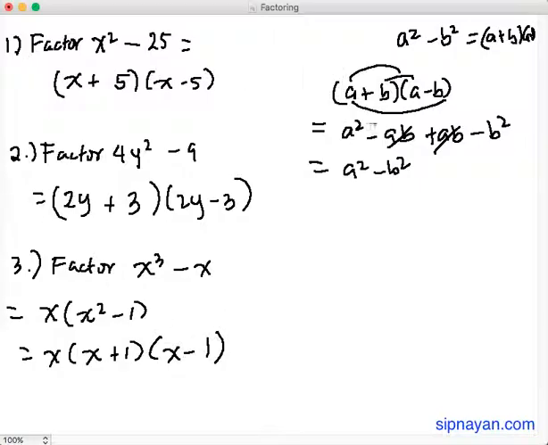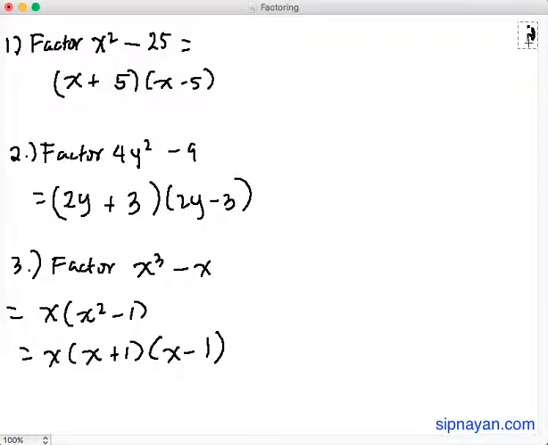Last example, we have 27y squared minus 16x squared. Oh, sorry, this is not the difference of two squares. So maybe this is 36y squared minus 16x squared.